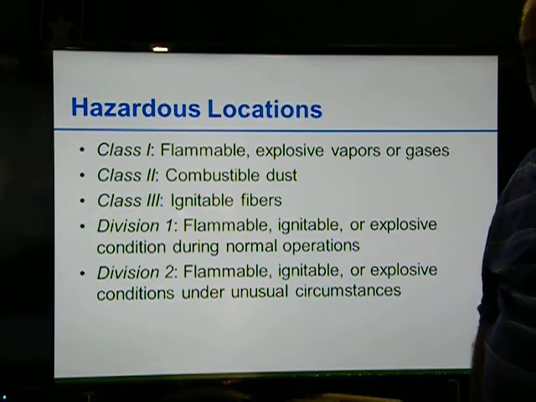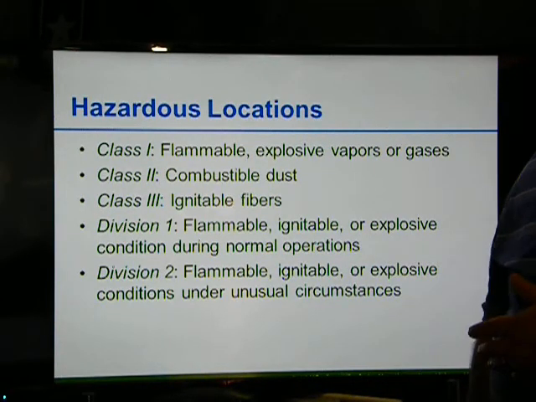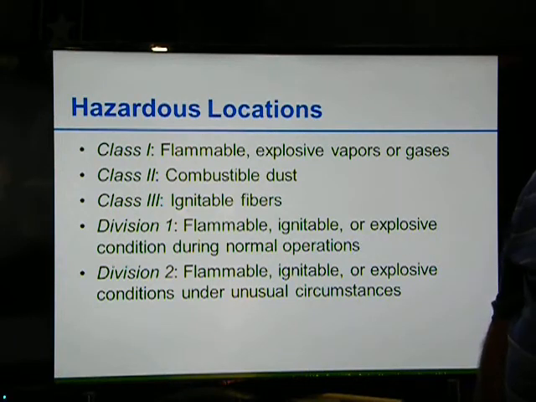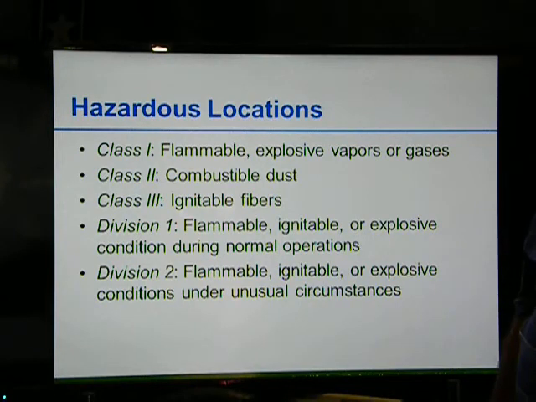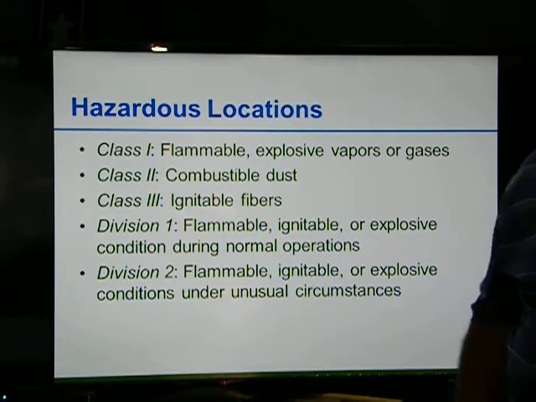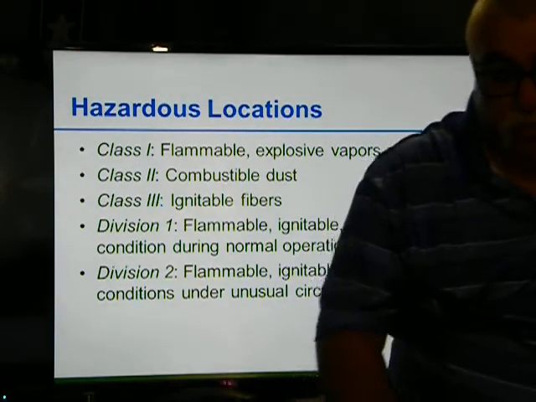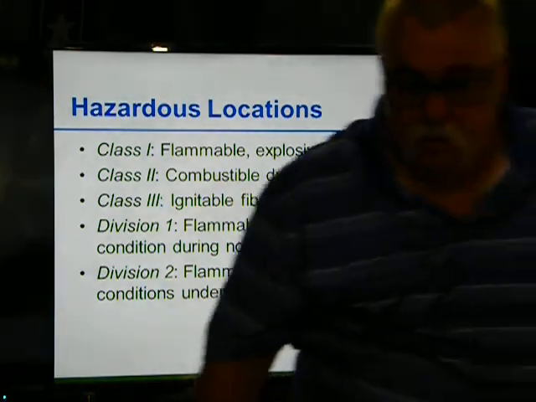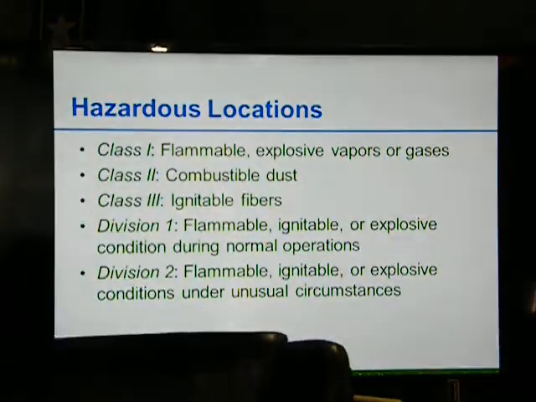The inspector comes by and tells us it was done according to the code. A local jurisdiction might have something changed, so you have to find out from your local jurisdictions what their requirements are that might exceed what the code requires. So what we're trying to do is control the source of ignition.